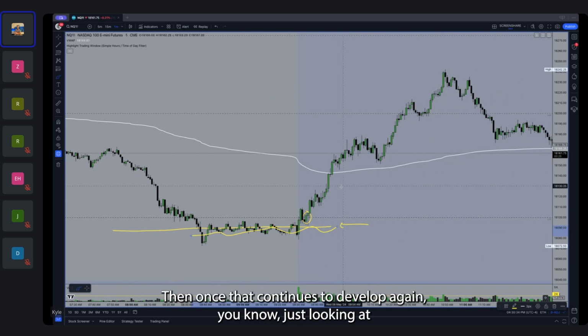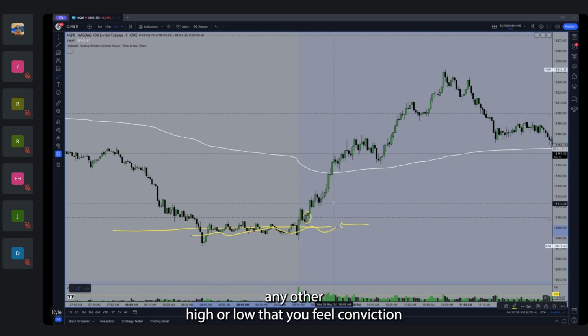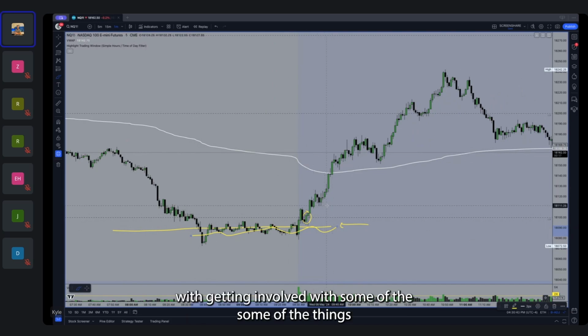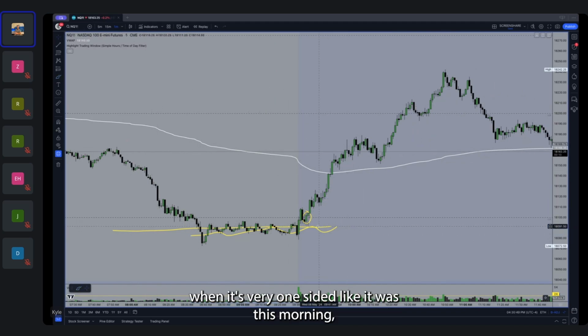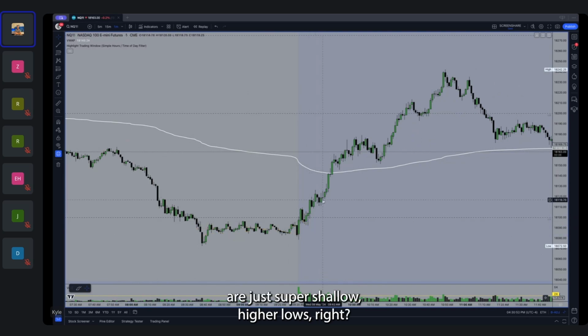Then once that continues to develop, again, just looking at any other higher low that you feel conviction with getting involved with. Some of the things that we see in the first half hour of the trading session, especially when it's very one-sided like it was this morning, are just super shallow higher lows, right?